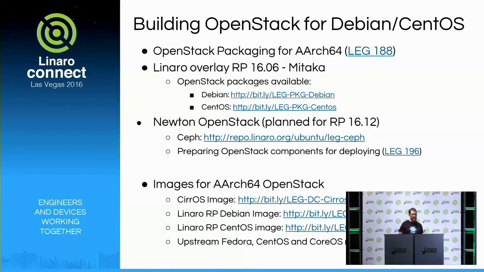The Developer Cloud in Cambridge, the one where we have Newton now, is fully on Debian Jessie, and the work on packaging stuff for Debian is ongoing. And there are some packages available, I think. And for CentOS, it just starts.